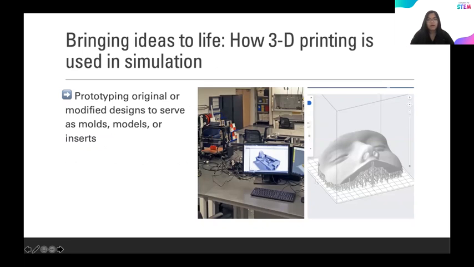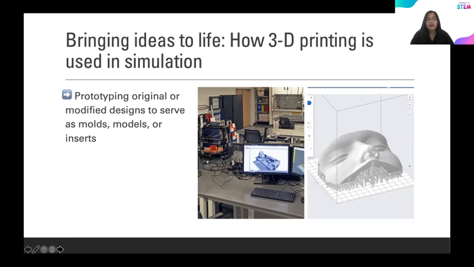First, I want to talk about how we use 3D printing in simulation. Currently, we have two different types of desktop printers. One is our FDM extruder printer, in which we use a filament plastic material for more common and basic prints. That's what we use about, I would say, 80 to 90% of the time.